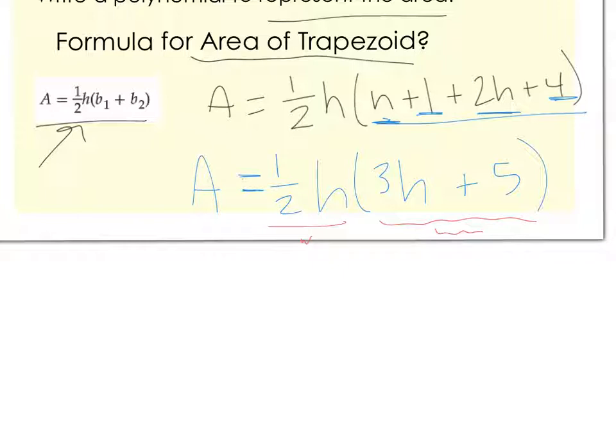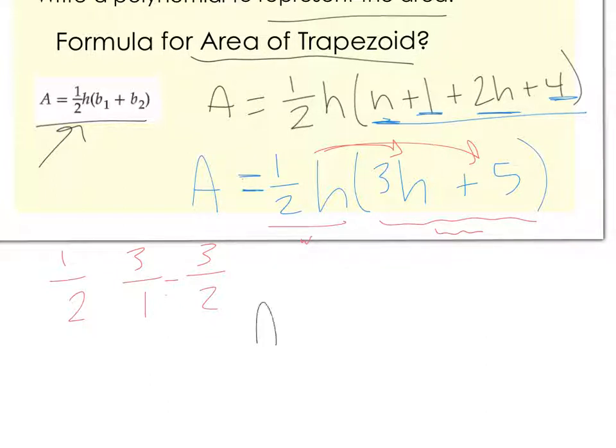So I could use whatever method I would like, vertical, horizontal, or box method. I'm going to use the horizontal method, the distributive property, and multiply those across. And 1/2 h times 3h, if I write this over here, 1/2 times 3 over 1 is 3 over 2. And then combine the h's.